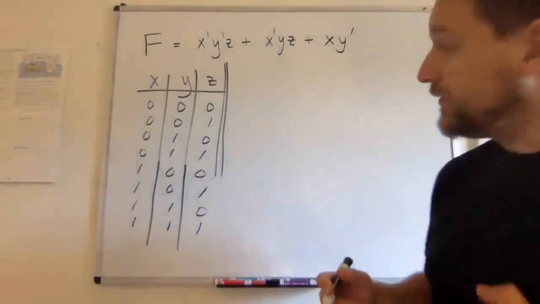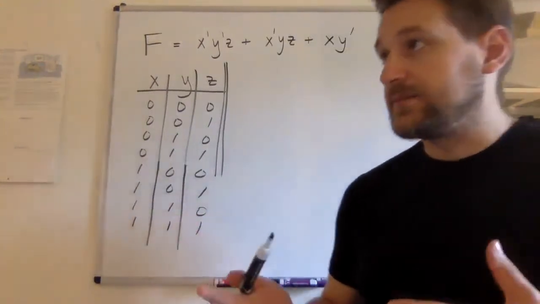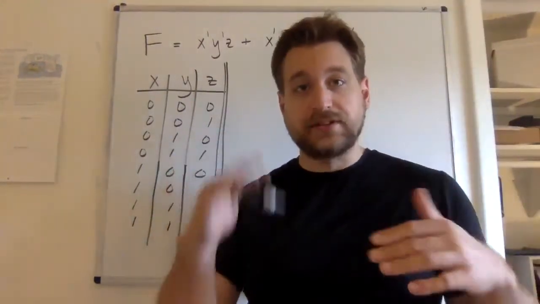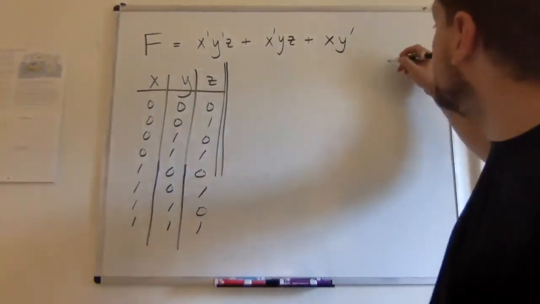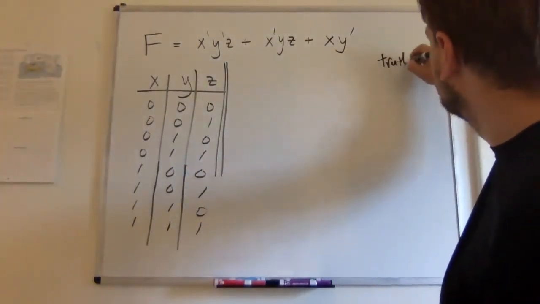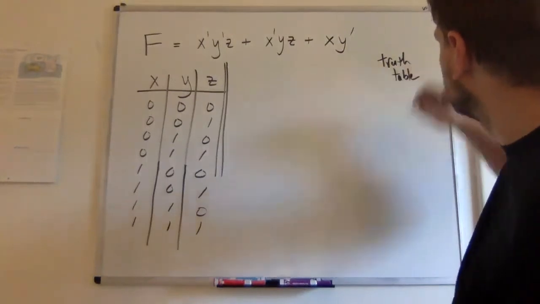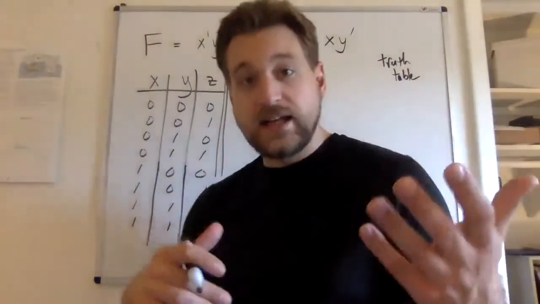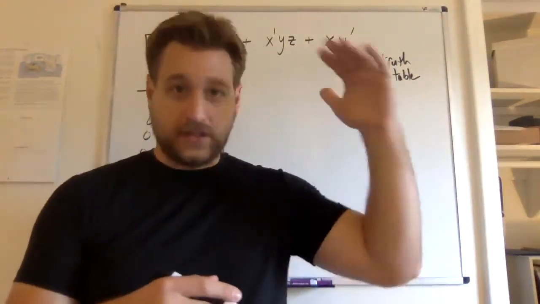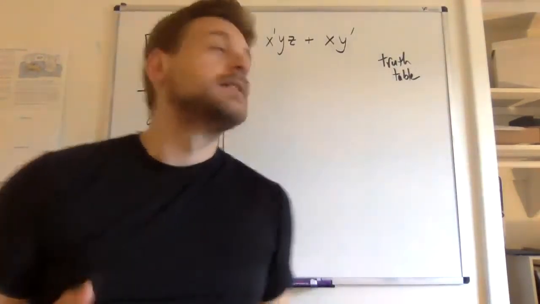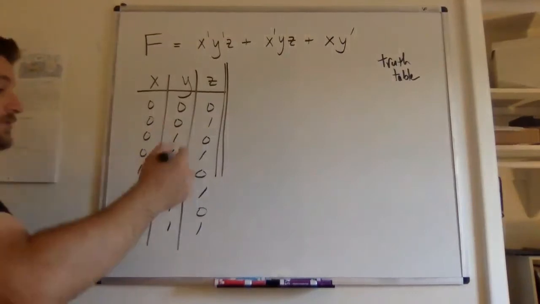So we're going to construct a table of logical values, a table of when f is and isn't true, logical yes, high value 1. I think the textbook calls it a truth table.